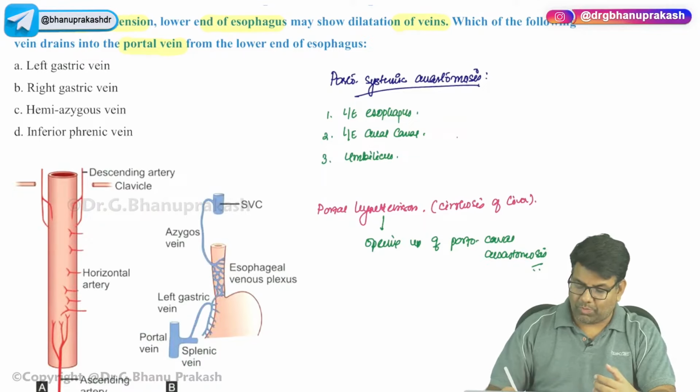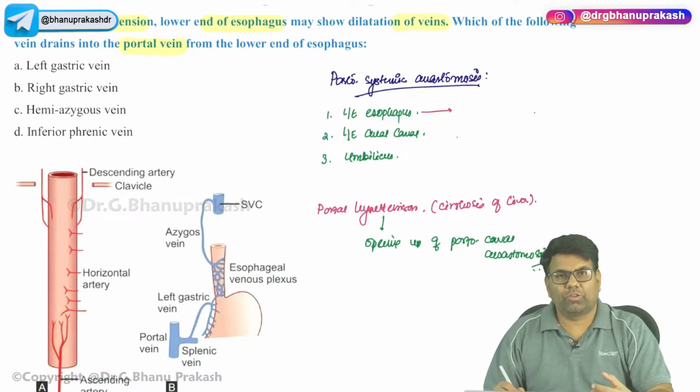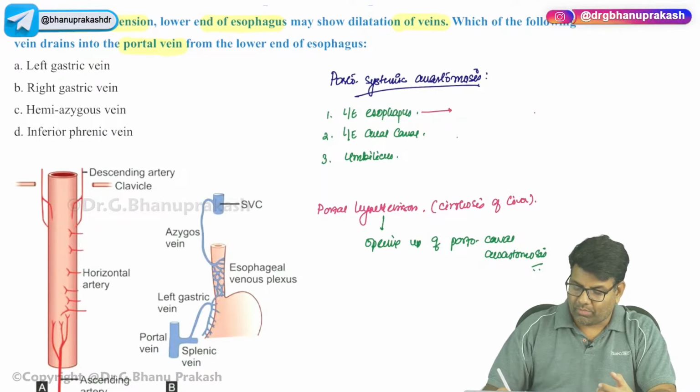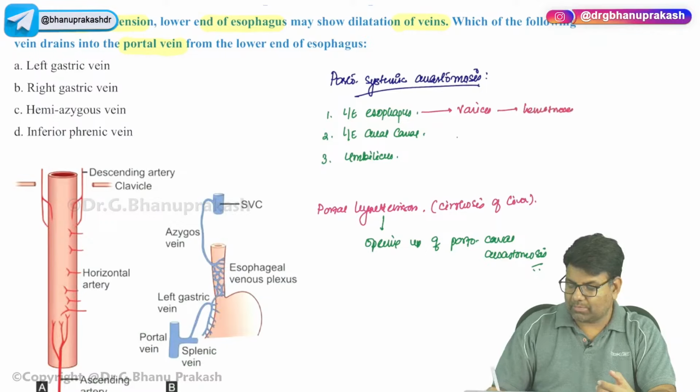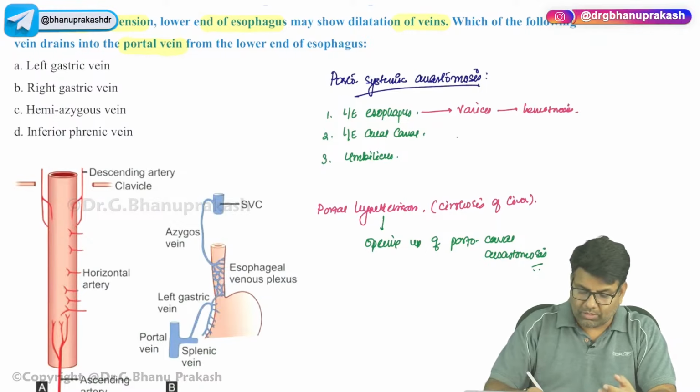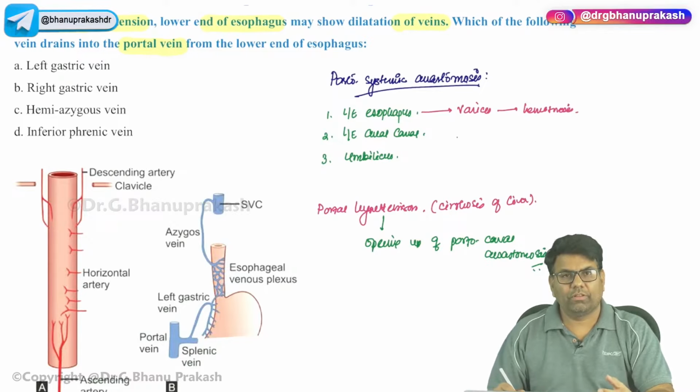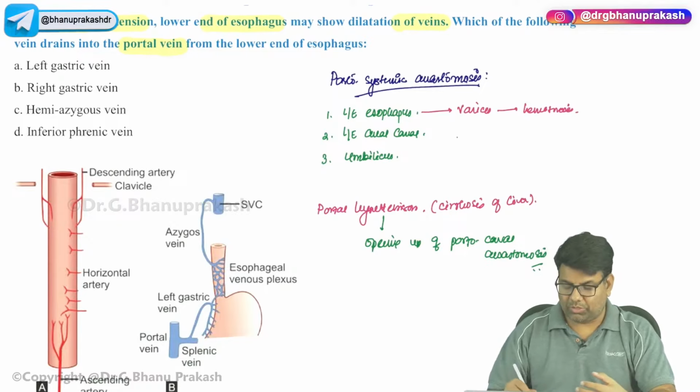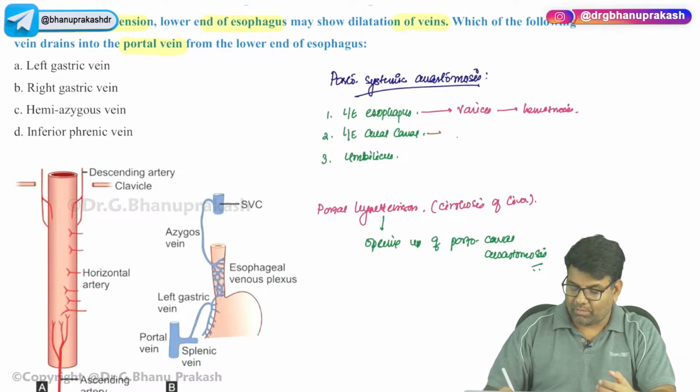So if there is opening up of the portocaval anastomosis of the lower end of esophagus, the patient will develop varices resulting in hematemesis. Similarly, if there is opening up of the portocaval anastomosis of the lower end of anal canal, the patient will develop hemorrhoids.